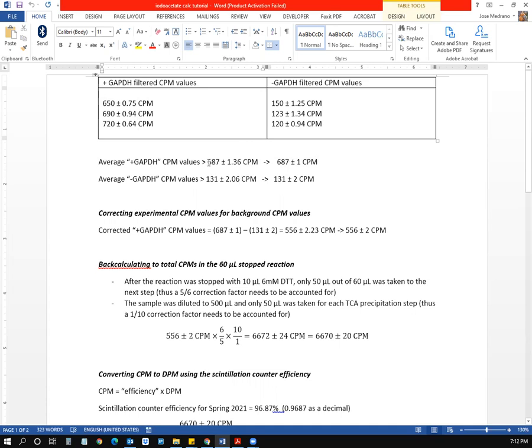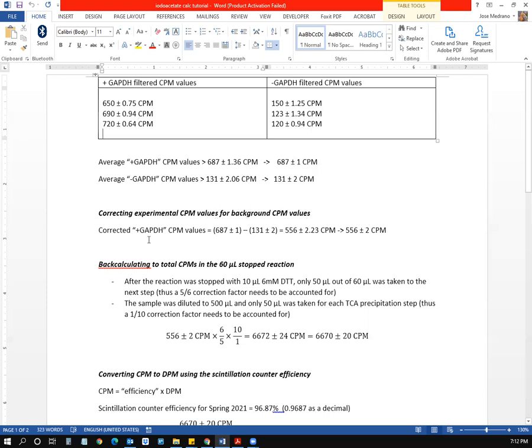Using proper error propagation procedures, I would add these three sequentially using my error propagation addition formula, and then finally divide by 3 to get my average plus GAPDH CPM values and my average minus GAPDH CPM values. So from here, once you have these two CPM values, you want to correct your experimental CPM values for the background CPM values.